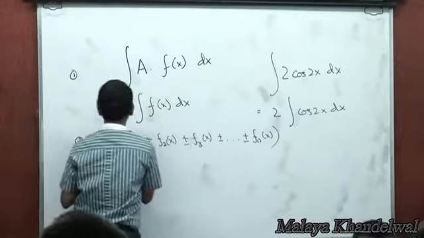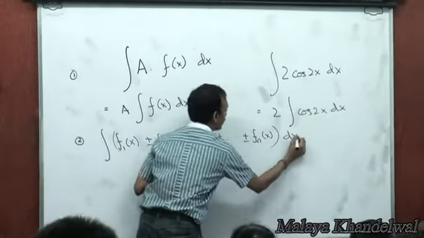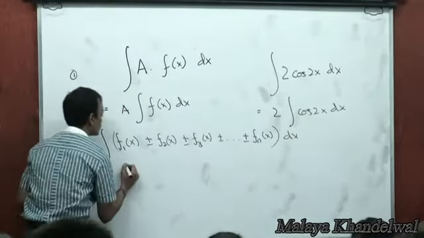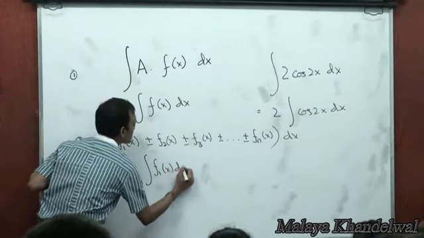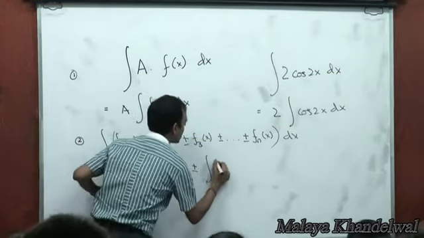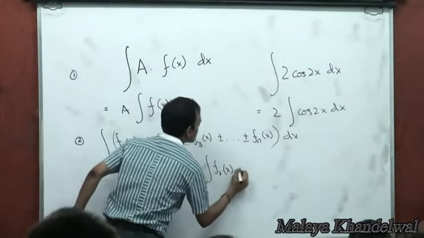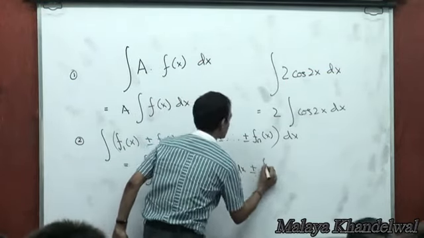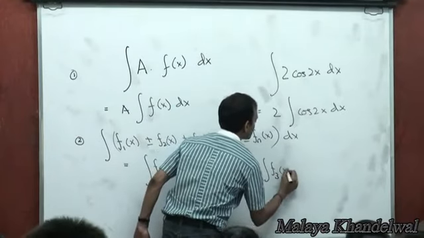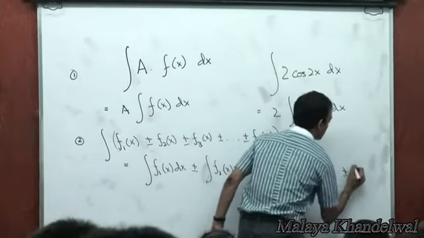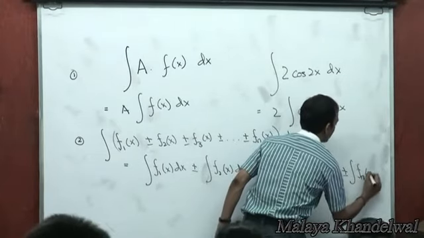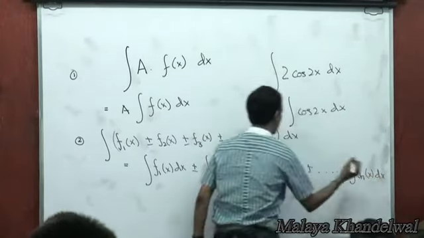Integral of the sum or difference of several functions would be integral of f1(x) dx plus minus integral f2(x) dx plus minus integral f3(x) dx plus minus integral fn(x) dx.